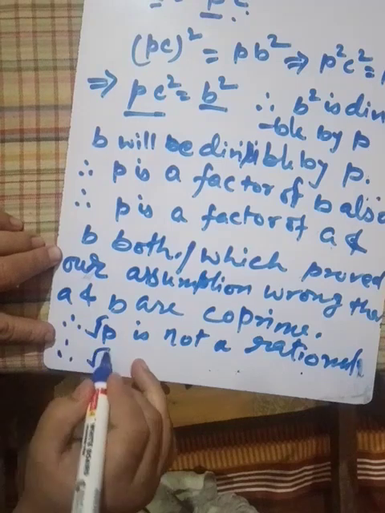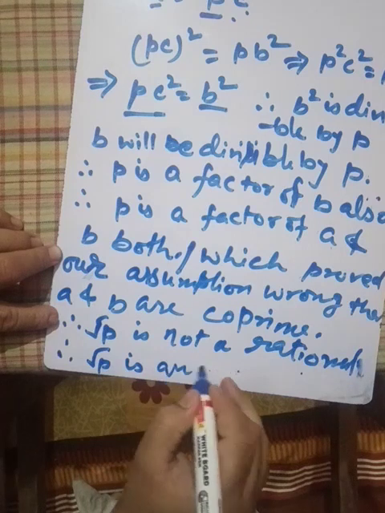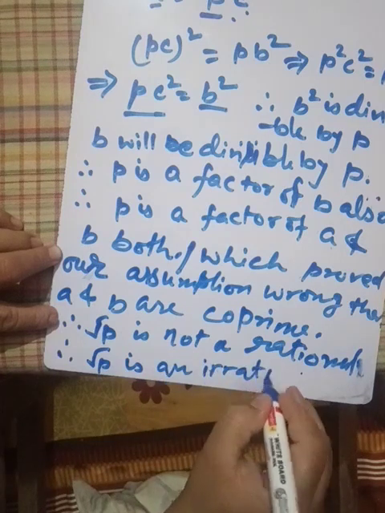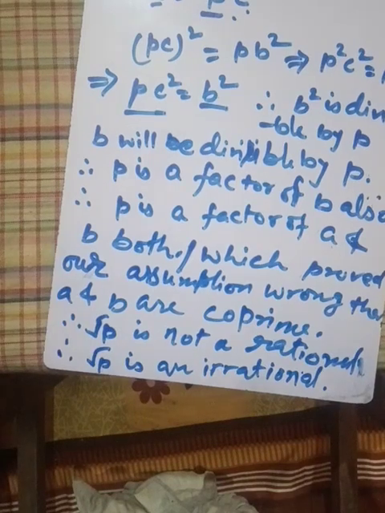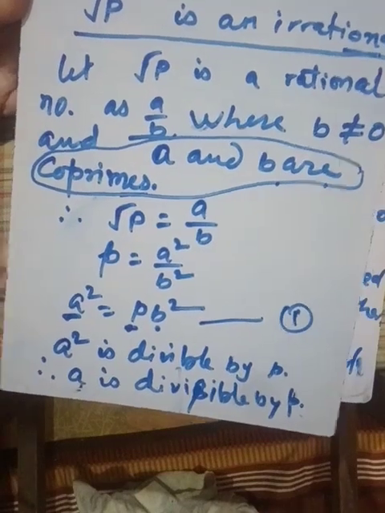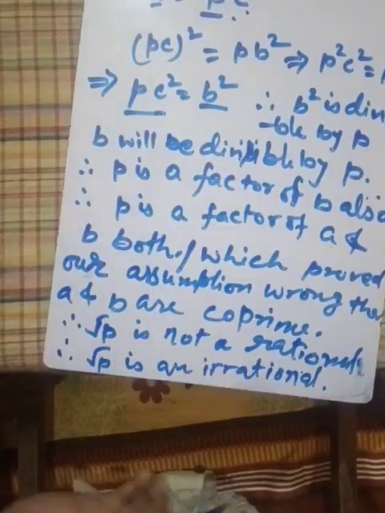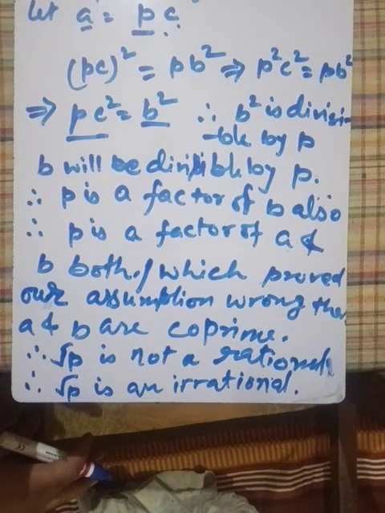Therefore, if a number is not rational, that means that number will be an irrational number. That's all. So this is very important. And most important, all the steps that are written have to be remembered. You have to remember this properly.